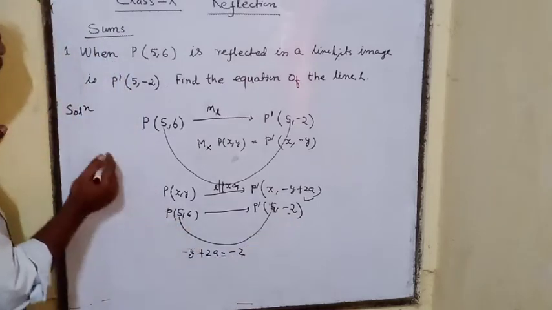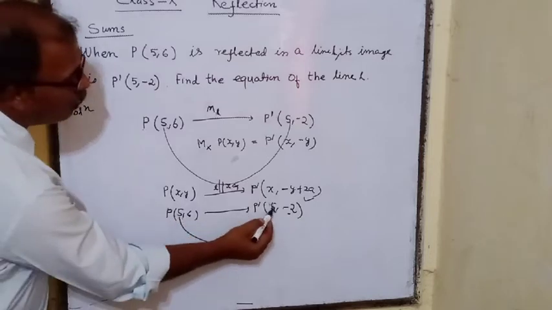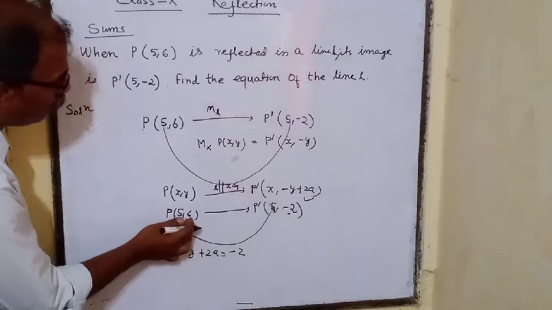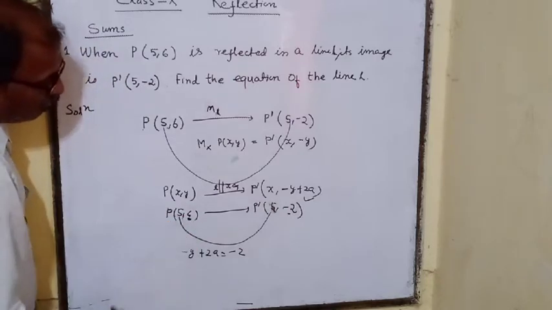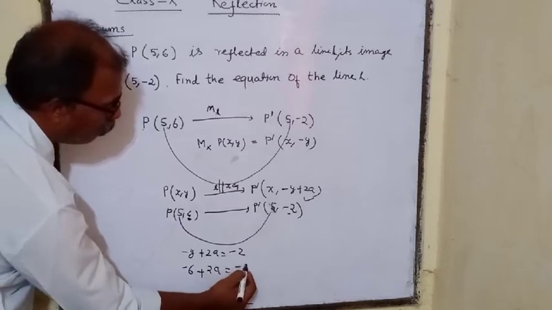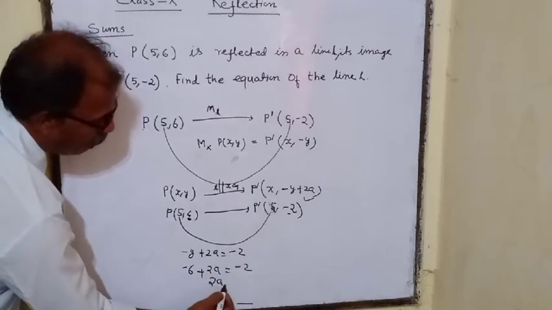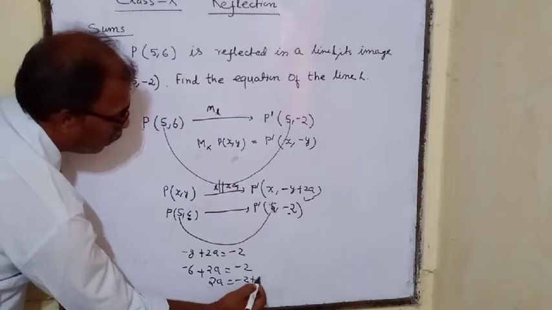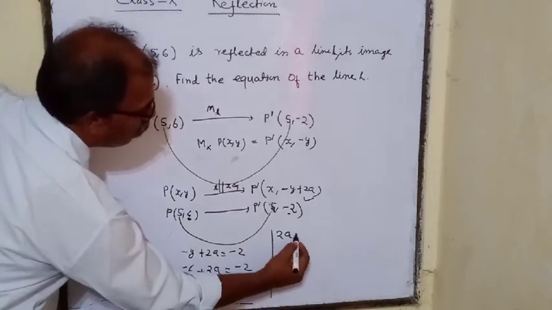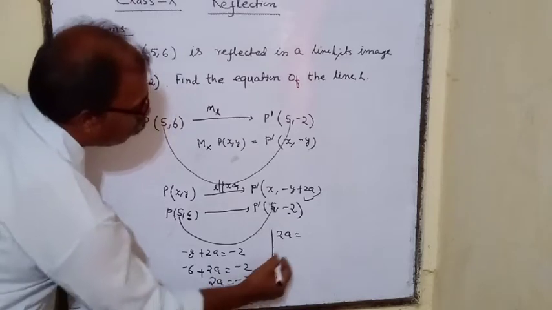Y value is what? From here, y value is 6. So we put -6 + 2a is equal to -2. 2a will be -2 + 6. So 2a will come out as 6 minus 2, that is equal to 4.